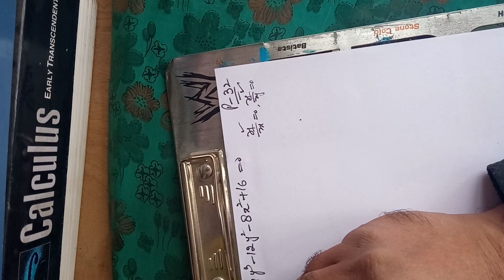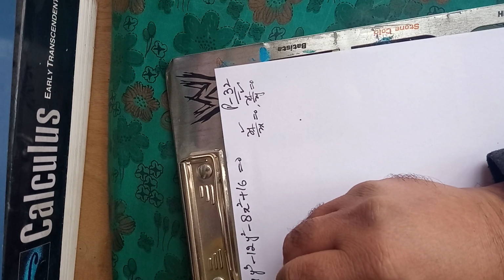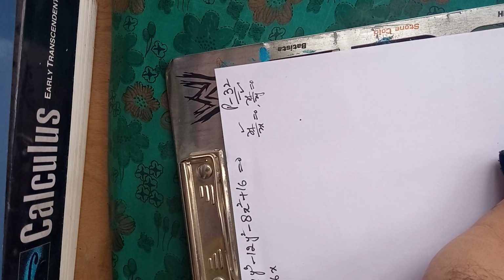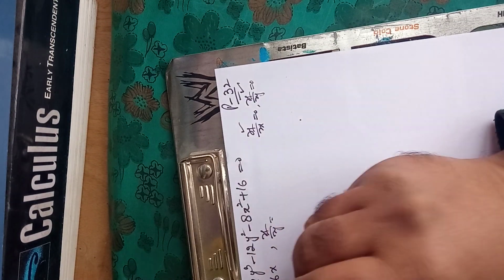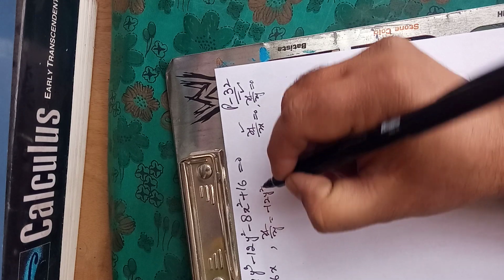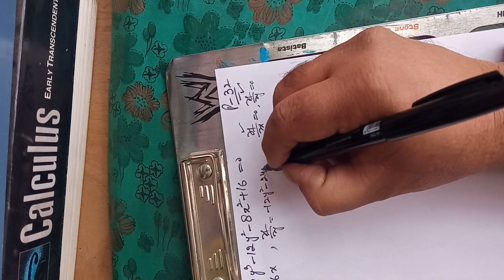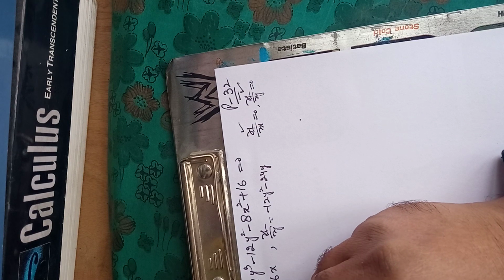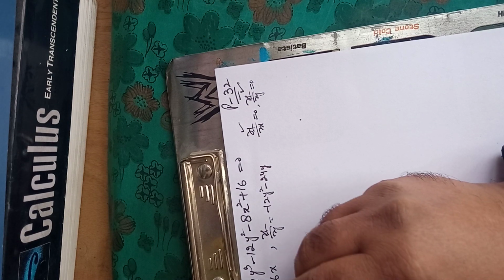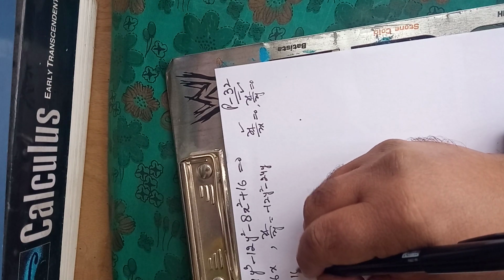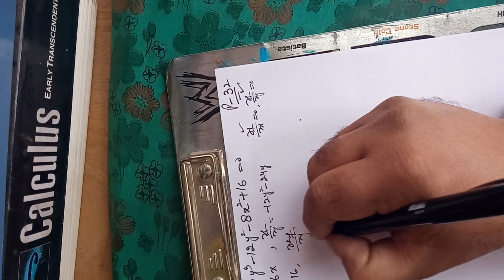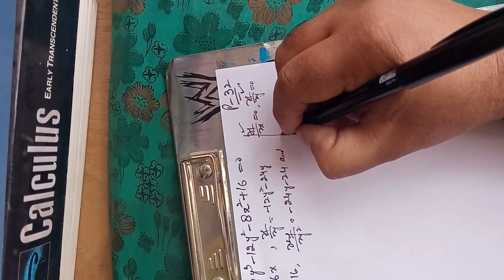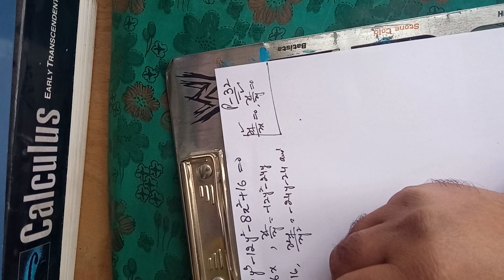Now let me find ∂f/∂x. It is 4x³ minus 16x, with respect to x only. ∂f/∂y is −12y² minus 24y. ∂²f/∂x² is 12x² minus 16. ∂²f/∂y² is −24y minus 24, and ∂²f/∂x∂y is equal to 0.